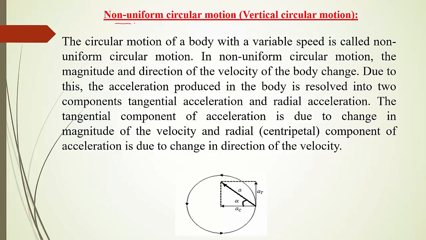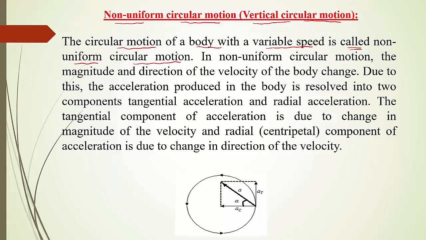Then we can study non-uniform circular motion. Till now we studied uniform circular motion, where the velocity is uniform. But now we can study vertical circular motion, or non-uniform circular motion. The circular motion of a body with a variable speed is called non-uniform circular motion.